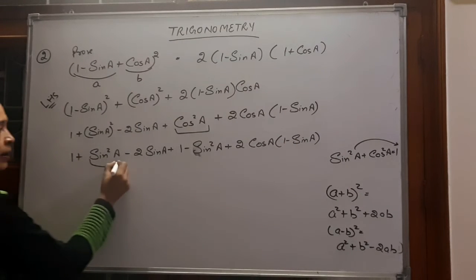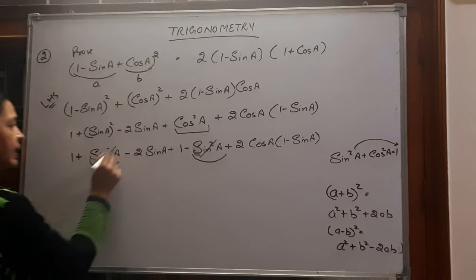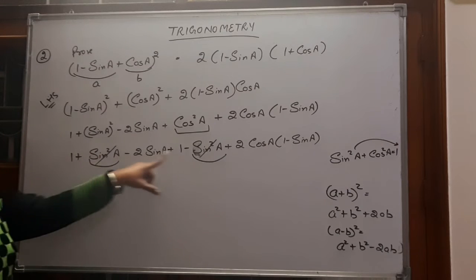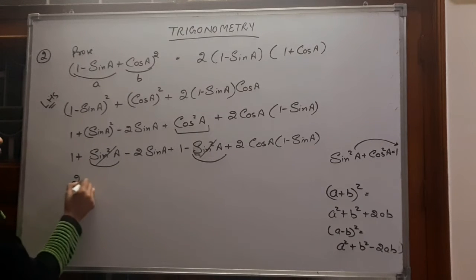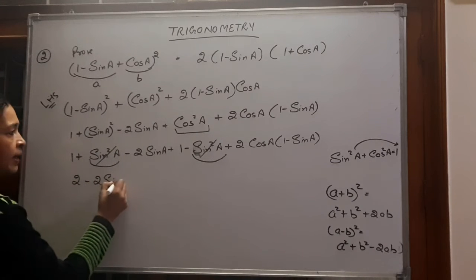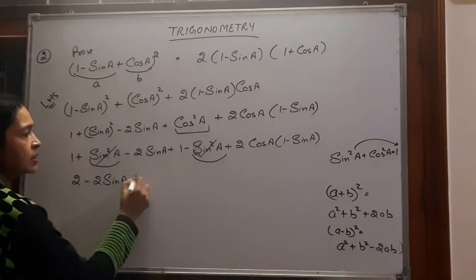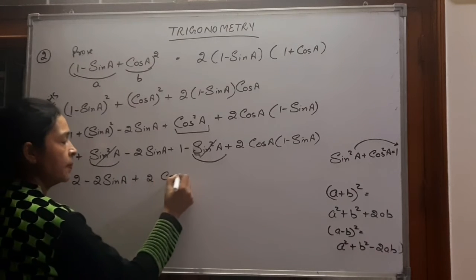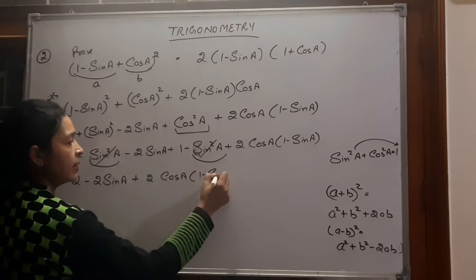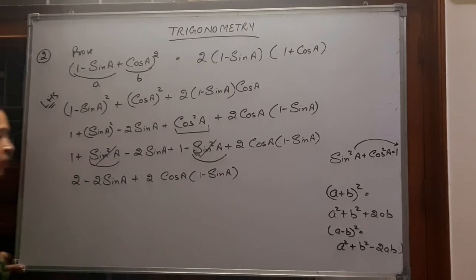Now sin square A, positive and negative, both get cancelled. 1 plus 1 is 2, minus 2 sin A plus 2 cos A into (1 minus sin A).